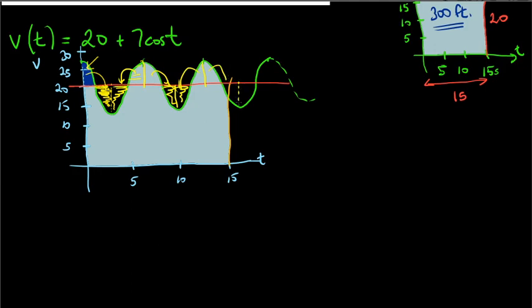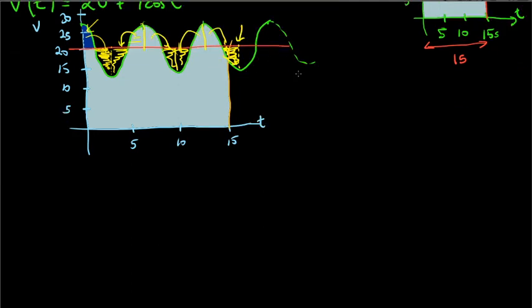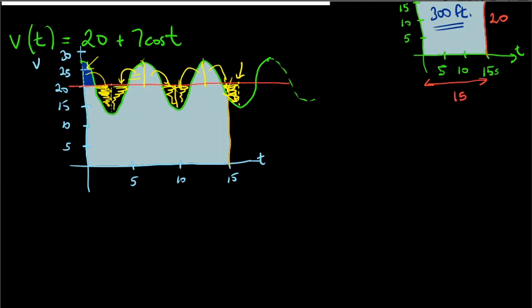Well, here's the issue. We go a little bit too far here. We don't want to fill in anything past 15. So no, this is not going to be quite as exact as we would want. However, if we ignore this piece in here, and it looks pretty small, the rest of it just forms a rectangle of area, so it's still 15 times 20, which is 300, right?